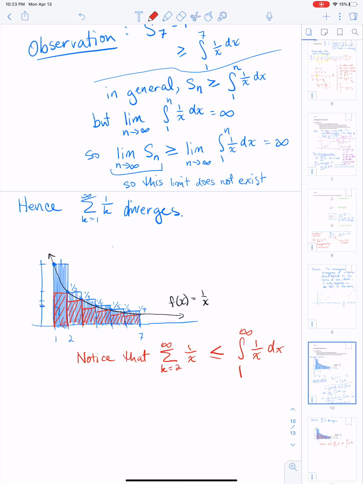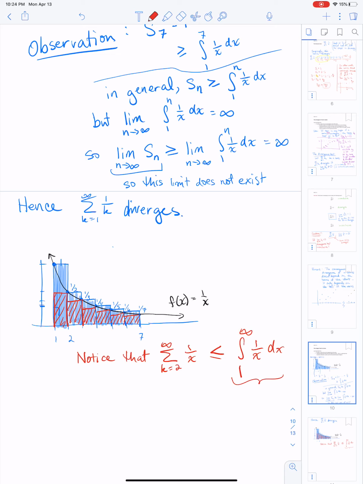So what this is showing is that the sum from 2 to infinity has to be less than this improper integral here. Of course, we already knew that this improper integral diverges, and knowing that a sum is less than something divergent doesn't tell us a lot.